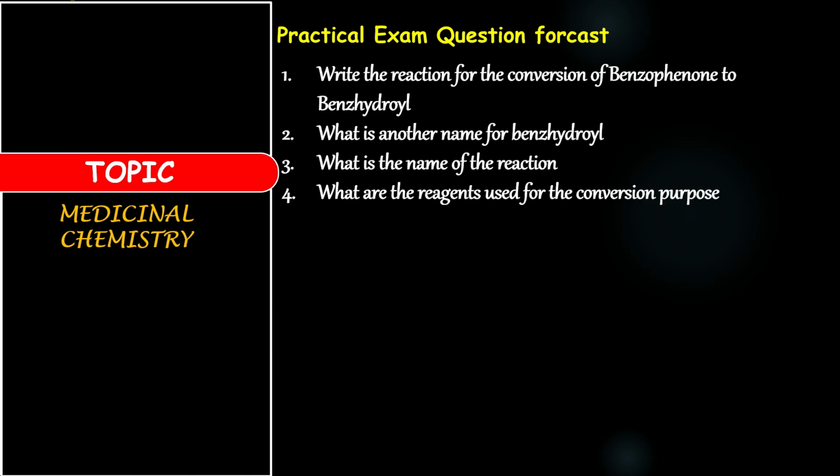Now, the first thing you need to understand is what is benzophenone? Benzophenone is like acetophenone, but this time what you have is a benzene ring. So this is benzophenone. Now, this is a ketone.